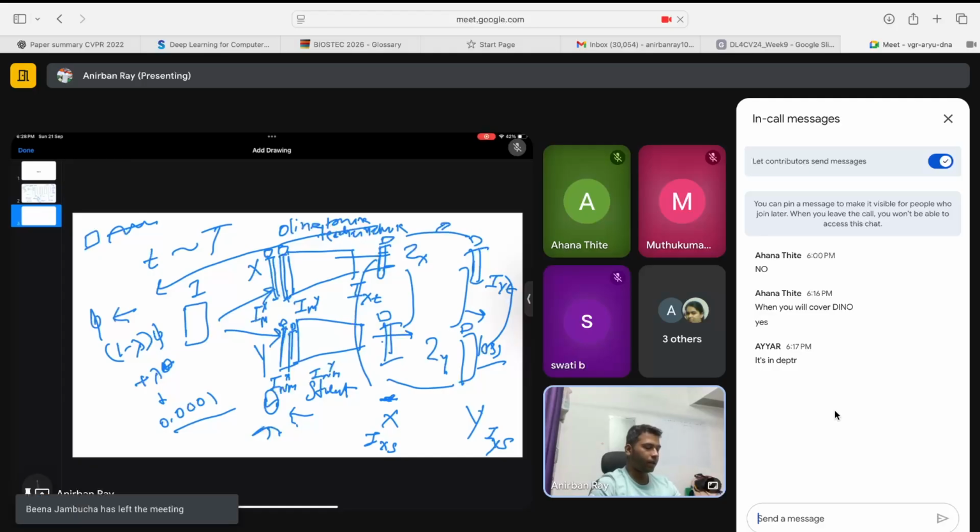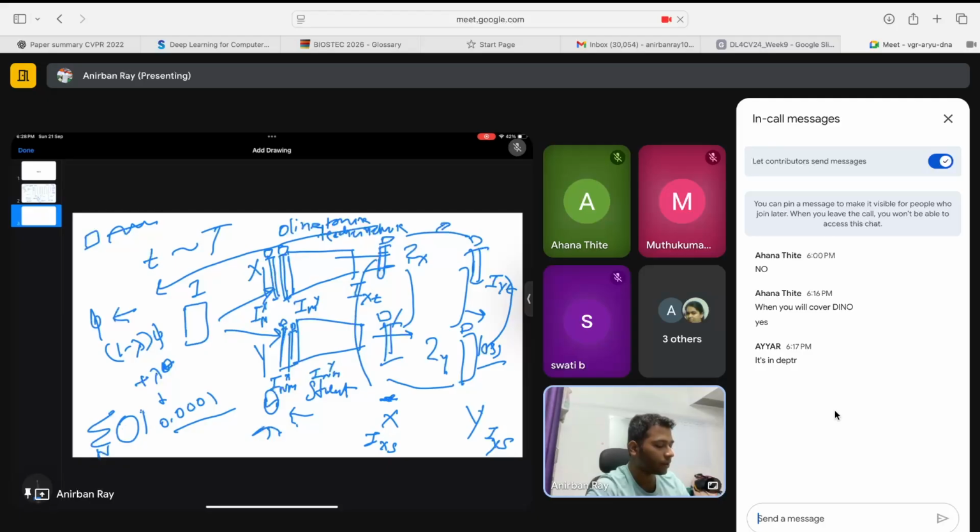So the unmasked part, you take cross entropy loss between each of the patches, each of the patch tokens as well, and add them over. Suppose n patches are there, so you add over n, and here you will have the unmasked one, and here you will have the masked one.